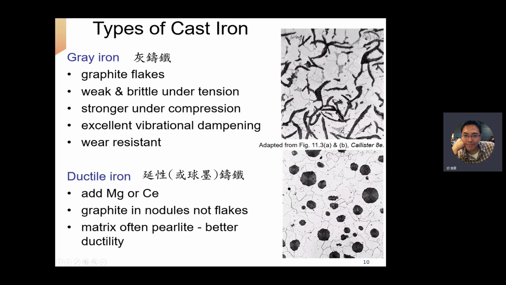Okay. For the ductile iron, its graphite is in spheroidal form, and the alloying element is magnesium. Graphite is in nodules, not flakes, and the matrix is often pearlite.